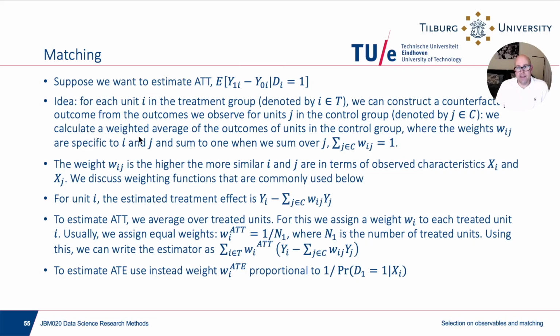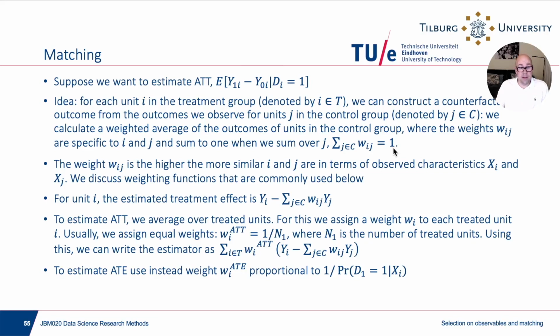We calculate a weighted average of the outcomes of units in the control group, where there are some weights, Wij, that are specific to that combination of i and j. And they would sum up to 1 when we sum over j. So that means if I take the starting point unit i and I look at all the Wij's and sum over j in the control group, these weights would sum up to 1, and again i is in the treatment group.